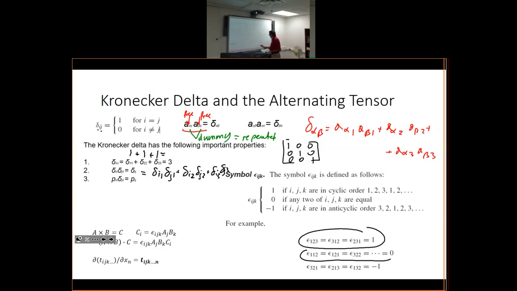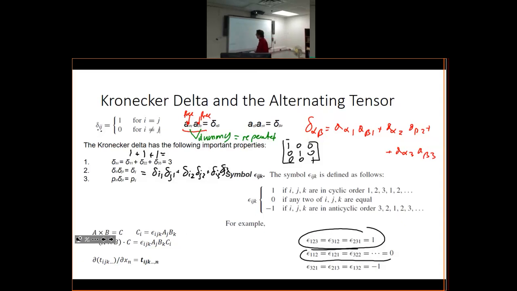And if you permute in the opposite direction, so instead of 1, 2, 3 it is 3, 2, 1, then it is minus 1. So this alternating tensor can be either 1, 0, or minus 1.